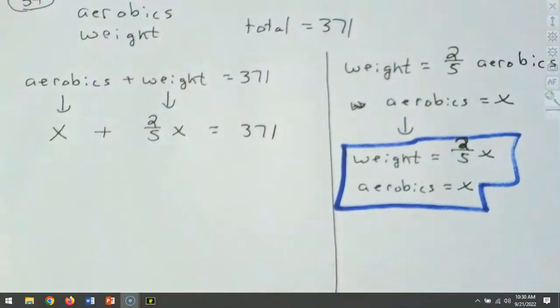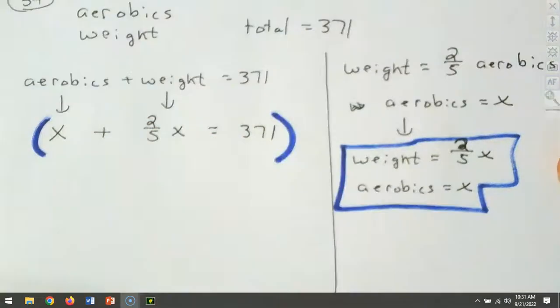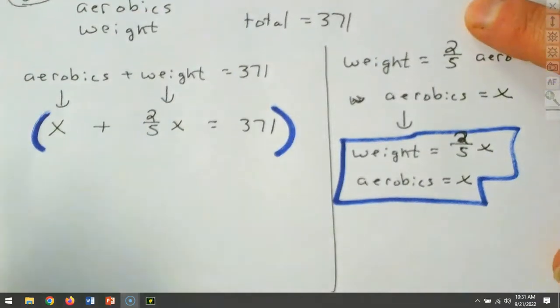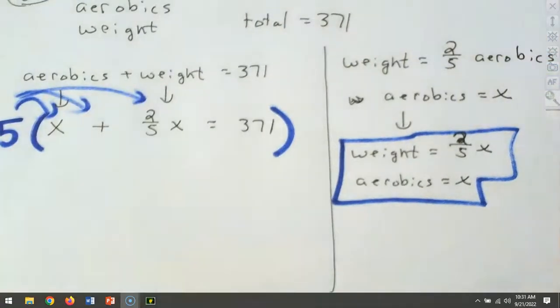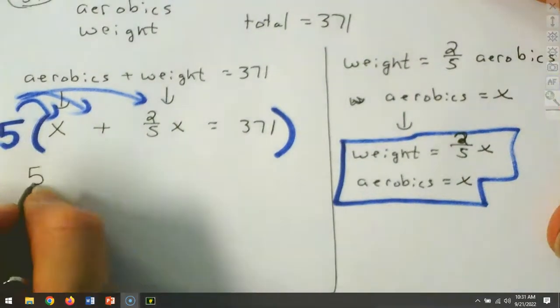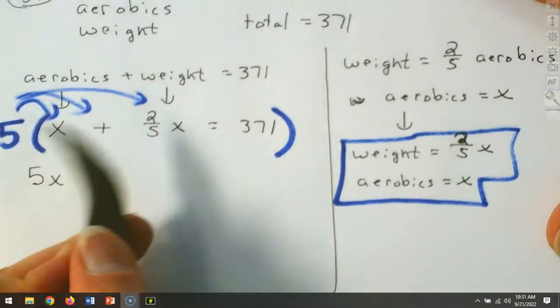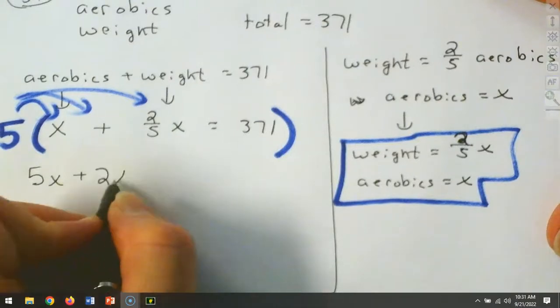That's what we've got. Now, why don't we clear out our fractions? We only have one fraction, and what am I going to have to multiply everything by to clear out my fractions? Does anyone know? Multiply all of this by what number? 5. Okay. So that gives me now 5x. 5s and 5s cancel. That leaves you with a 2x.